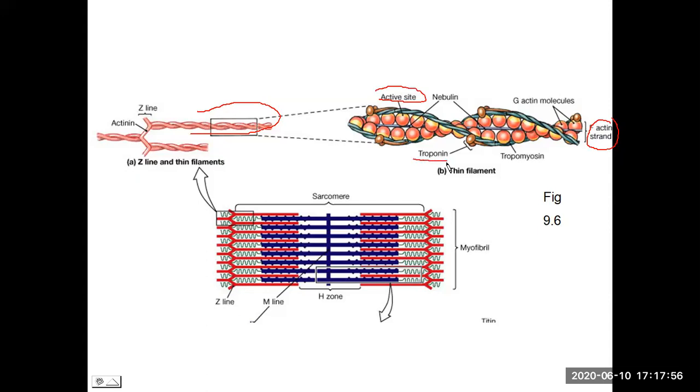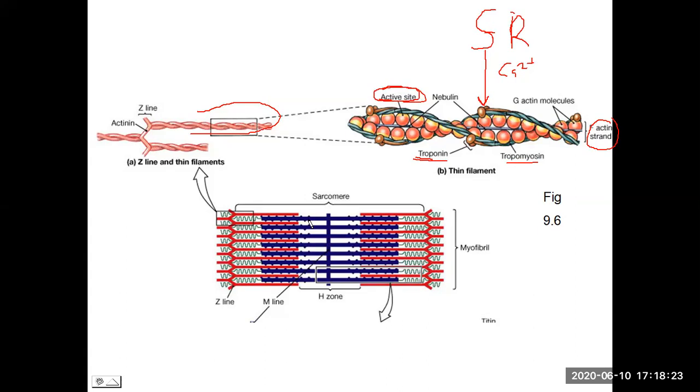And tropomyosin, again, maintaining that position. As we just described from the SR, there's the release of calcium ions that directly interact with the troponin. Leads to the disassociation of troponin and tropomyosin to expose these active sites.